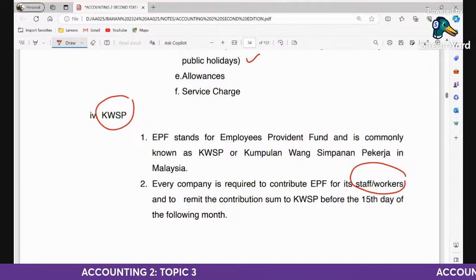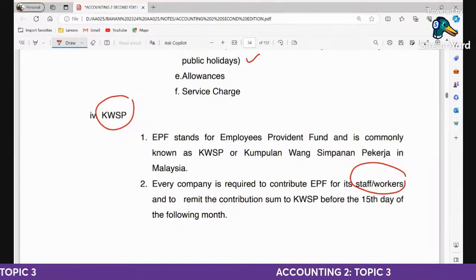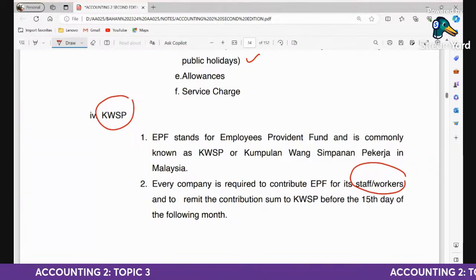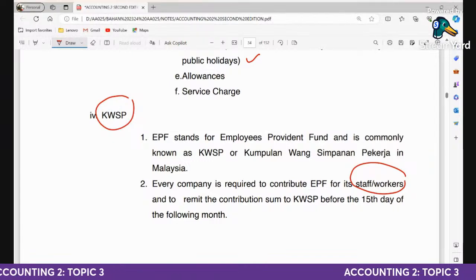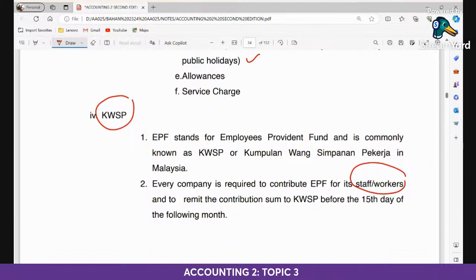So that is actually duit kita, duit pekerja lah. So you are supposed to remit the contribution sum to KWSP selalunya sebelum 15 hari bulan, bulan berikutnya lah. That means kalau saya gaji bulan 10, saya kena potong KWSP saya dan pembayaran mesti dilakukan oleh majikan kepada KWSP sebelum 15 hari bulan November.